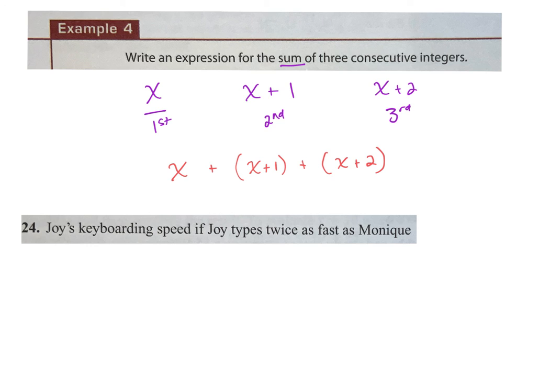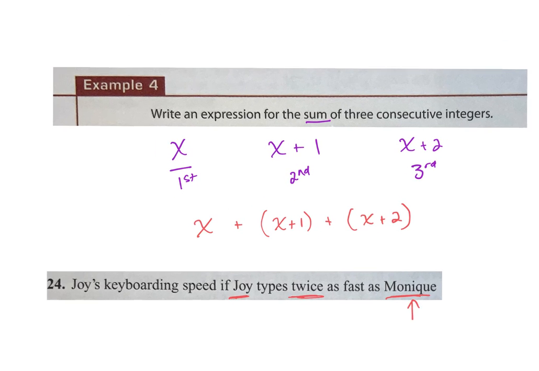This is actually from some of the classwork exercises. Joy's keyboarding speed: Joy types twice as fast as Monique. Do I know how fast either one of them type? No. I do not know. But I do know they're saying she is twice as fast as Monique. So I am going to have to set up a variable for Monique, right? We don't know how fast she types.